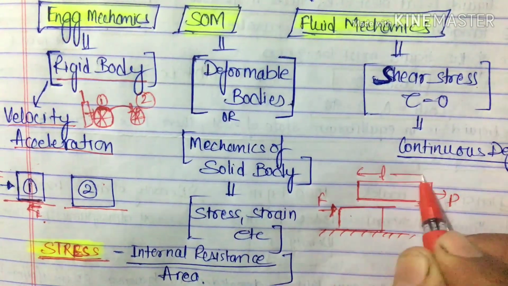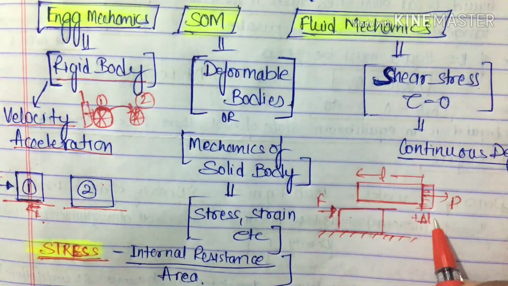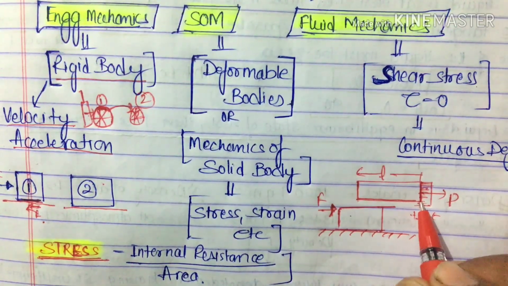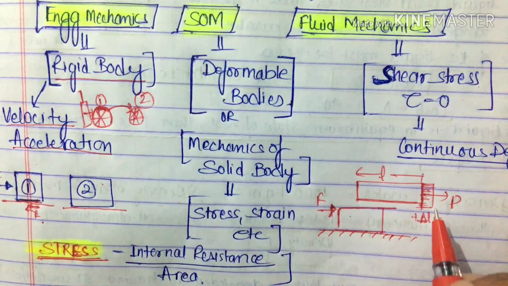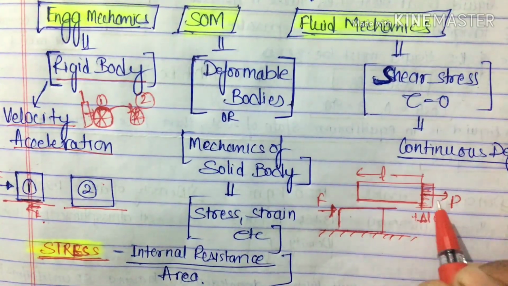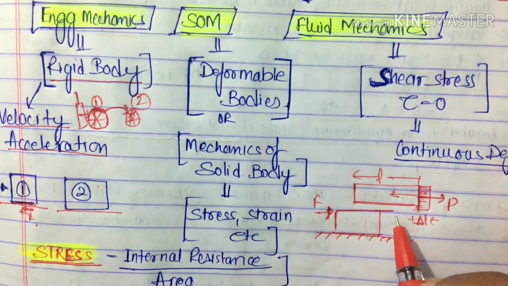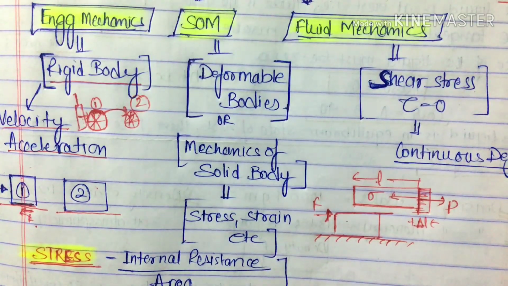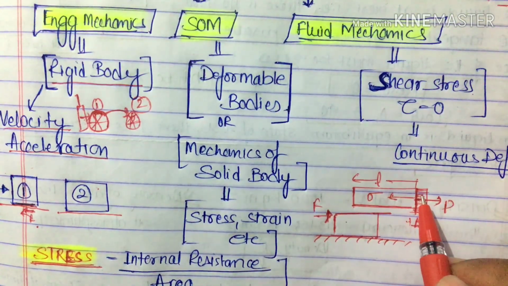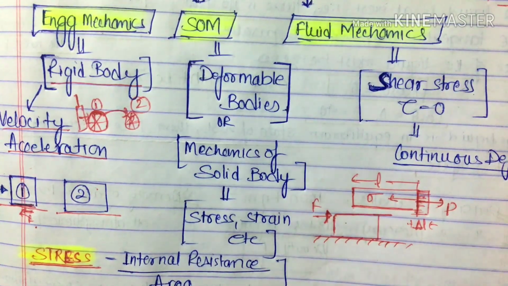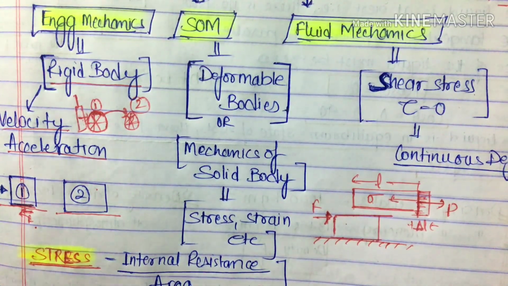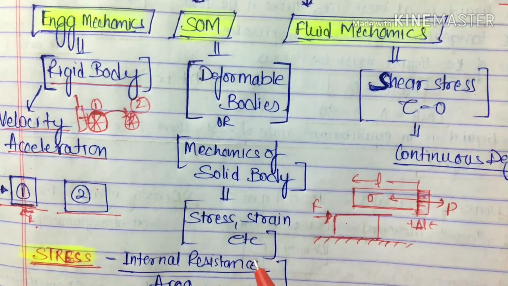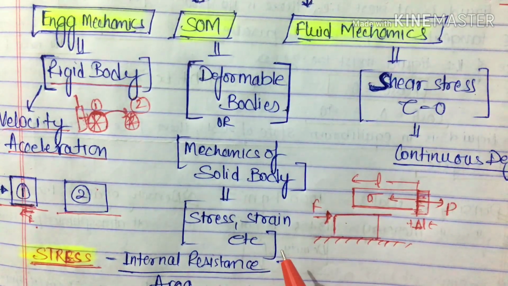Originally the length was L, now it is increased by delta L. So this is deformation, and before deformation the body was resisting this force P. The resistance that was offered by the body is known as stress. So in this lecture of strength of material, or basically in SOM, we will be talking about stress and strain. Fine, I hope you understand this.